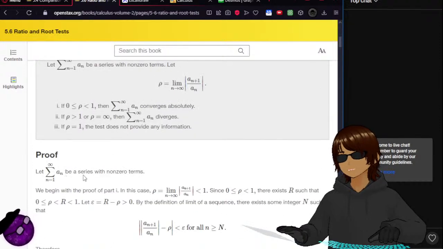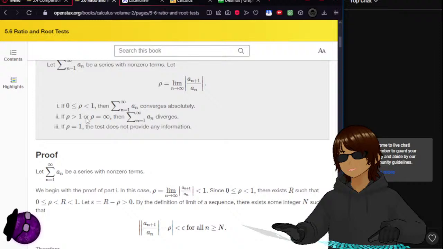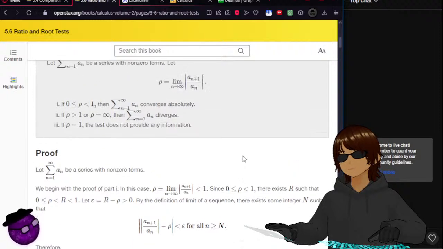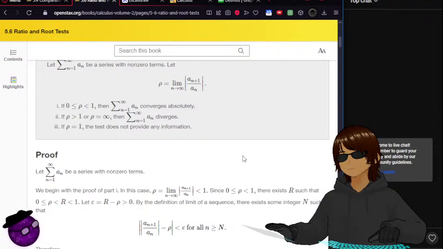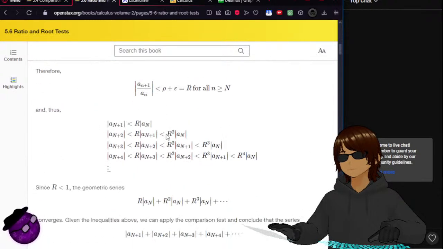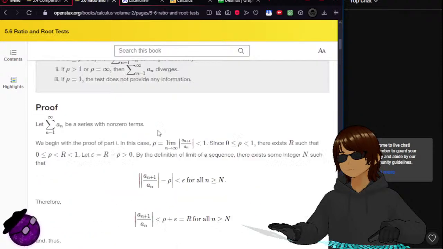Let an be a series with non-zero terms. We begin a proof of part I. Since p is between 0 and 1, then there exists R such that p is less than R less than 1.